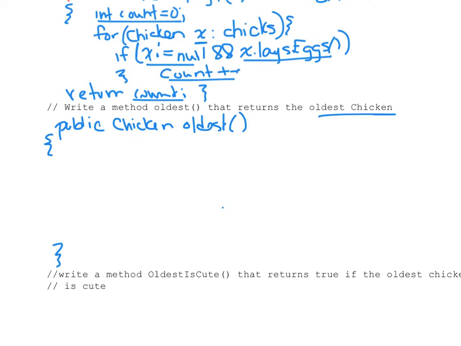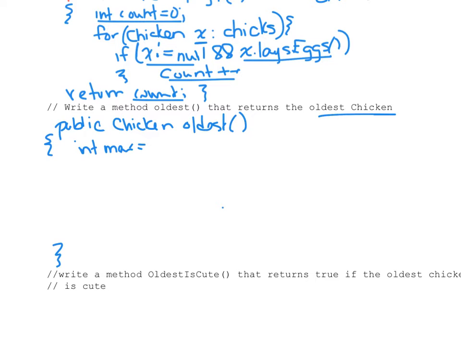So I wanted to go through that. There's many different ways to go about the oldest, but the most basic way is to create an oldest. I'm just going to call it max for ease of use. And now, whenever we have a max, we start at the smallest possible value.